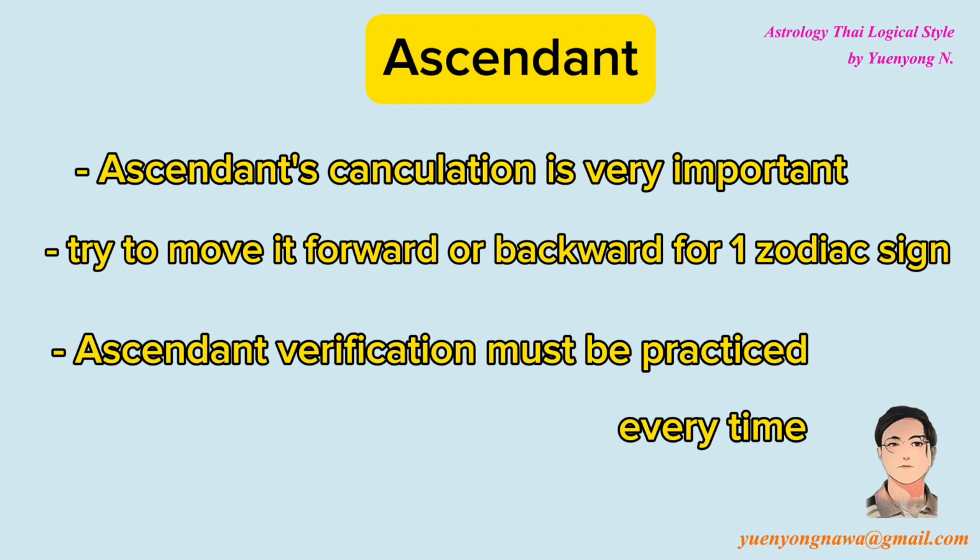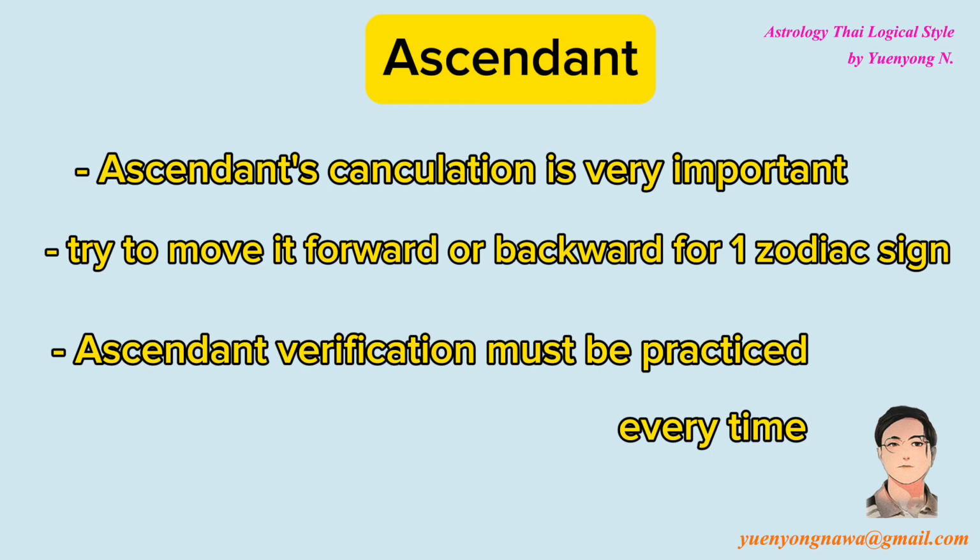In many books, they would tell that if anybody does not know the exact birth time, it could not be calculated for an ascendant. It is not true. That is because those books apply many double horoscope techniques with many exceptions. The ascendant verification for that case would be almost impossible.